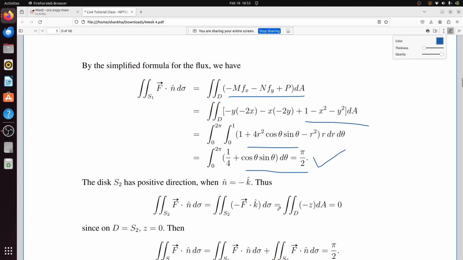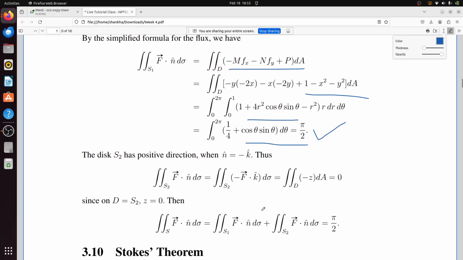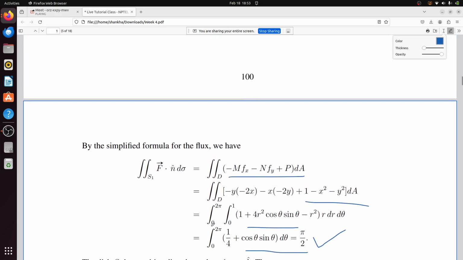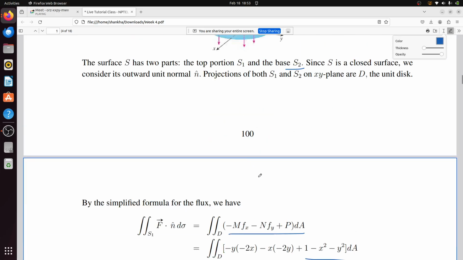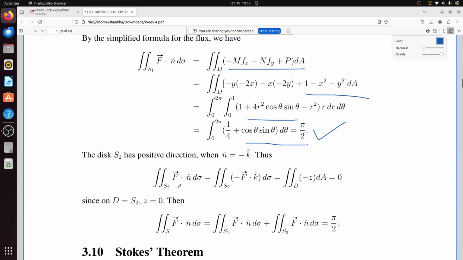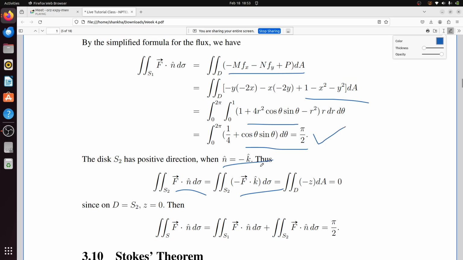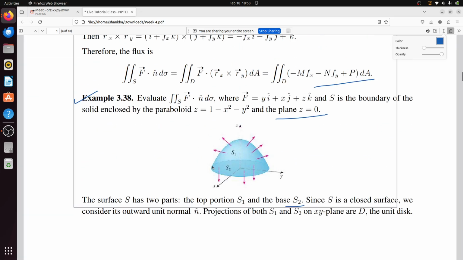And if you take the surface integration over this S2, on S2 you will get z equal to 0. The outward drawn normal is simply minus k cap, because S2 is nothing but the xy plane.